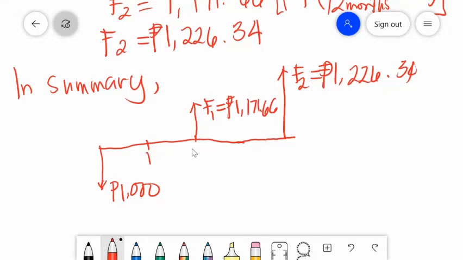So this is year 1, year 2, this is 2 years and 7 months. Okay?